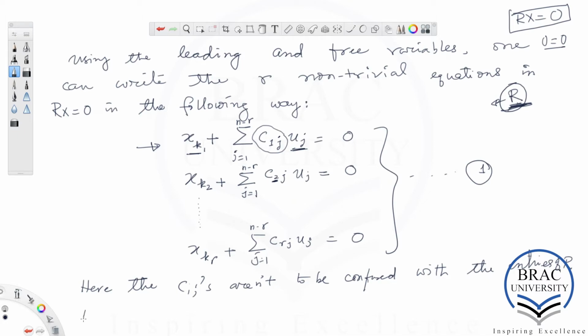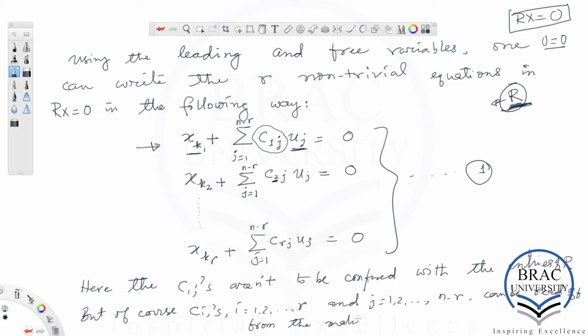But of course, the Cij's for i equal to 1 all the way up to r, and j equal to 1 all the way up to n minus r, can be read off from the matrix R, as we will see using examples.